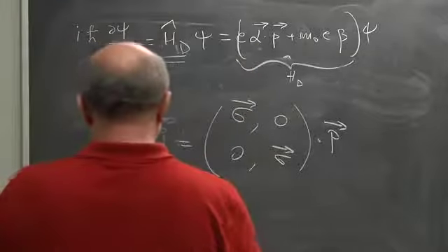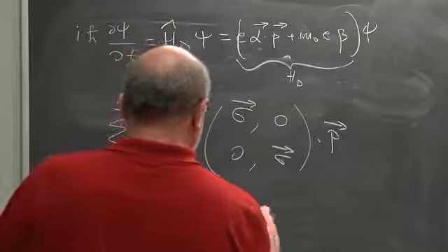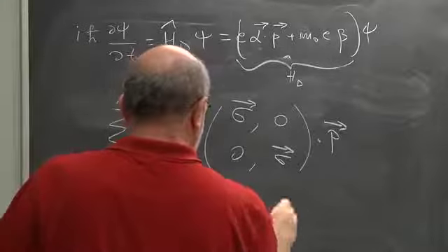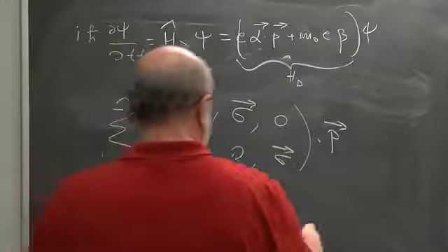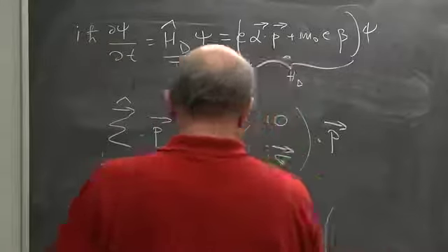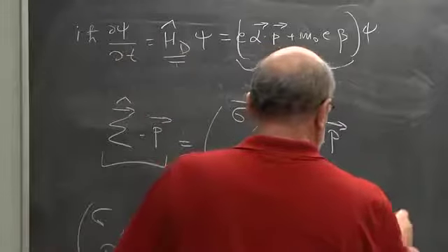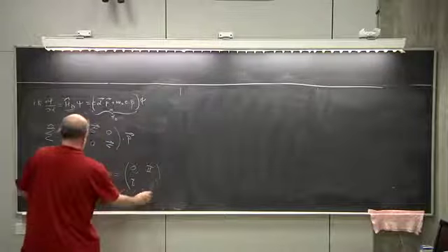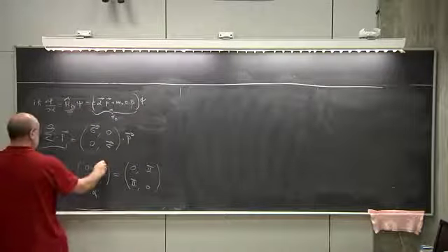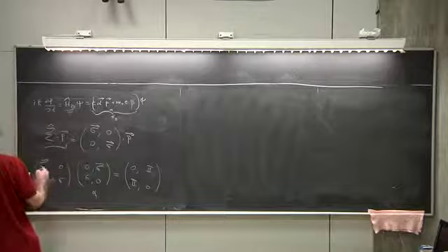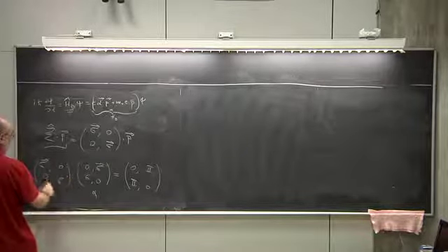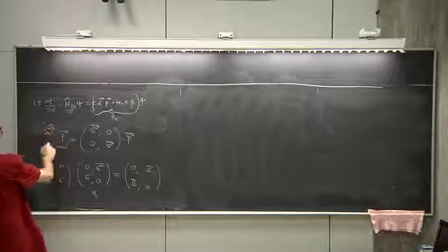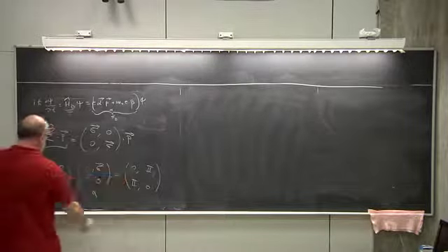Let's see if it commutes with alpha, and alpha was the block matrix with sigma off the diagonal. If you do this commutator, you get the identity. And vice versa: this is the sigma that enters into this capital sigma. We do the commutator and we get this.